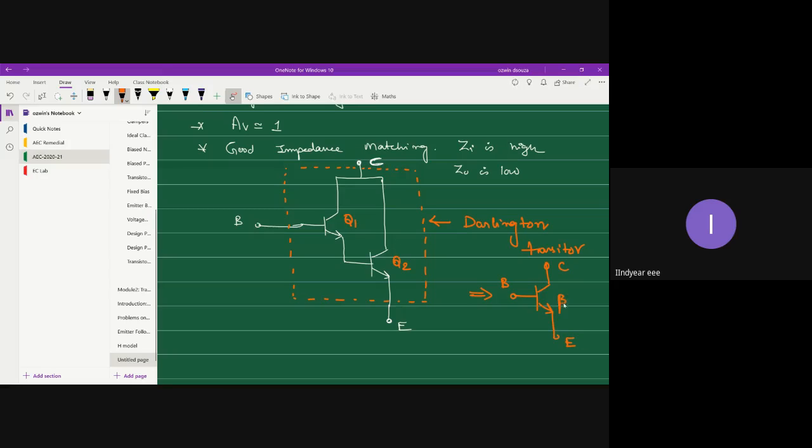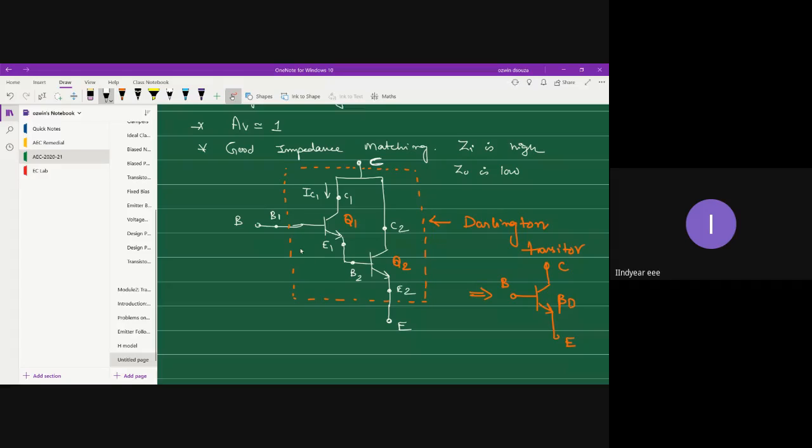Let's represent the Darlington gain as beta D. What is beta D? It is beta 1 into beta 2. How exactly does it come? Let me show you. This is your first transistor. We take the first collector as C1, this is C2, this is E1, this is B1, this is E2 and this is B2.